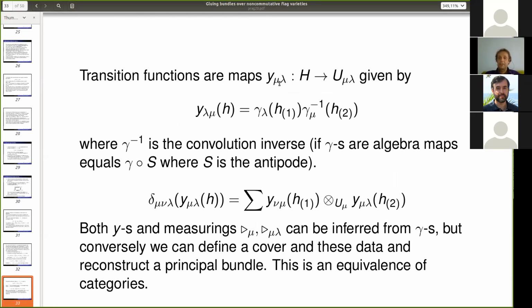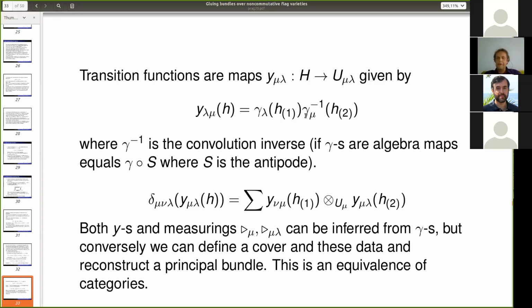The transition functions, in special cases, under certain assumptions which I won't explain now, you can reduce this data to considering those local actions, measurings. They still have to exist for each of the pieces which you glue, but in between you have these maps from a group to the common intersection, like a bimodule of the common intersection. It's not algebra functions, it's a bimodule, which is given by comparing two sections.